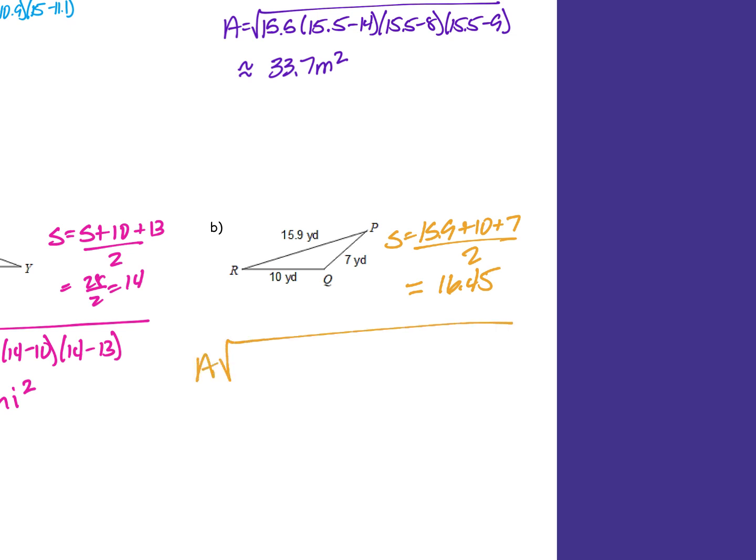So the area is the square root of 16.45 times 16.45 minus 15.9 times 16.45 minus 10 times 16.45 minus 7, which is approximately equal to 23.5 yards squared. Questions? Anybody? Everyone okay? Awesome.